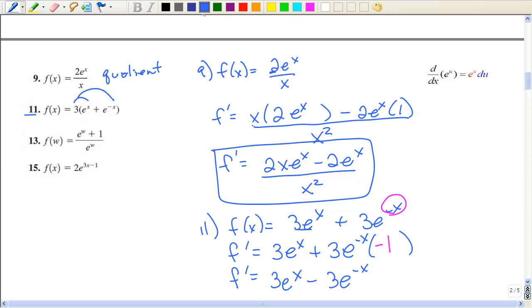If you notice, we almost got back the exact same function. The only difference is the minus sign. I think you get the idea. Just because they're e's really doesn't make it any harder.